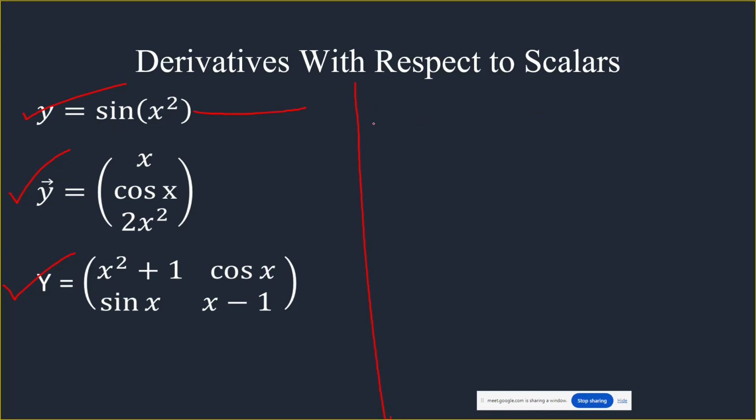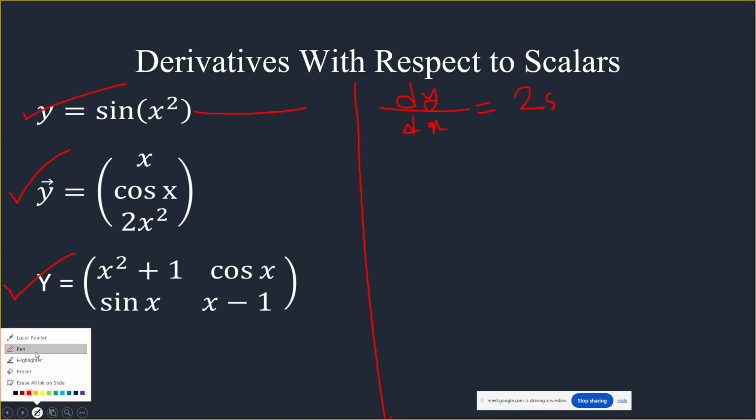We all know that the derivative of sine x squared, dy/dx, will be 2 cos x.